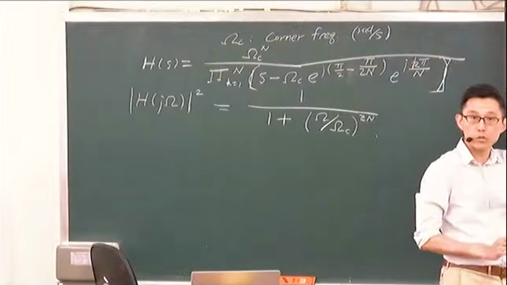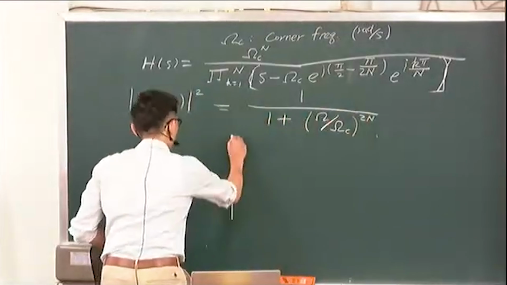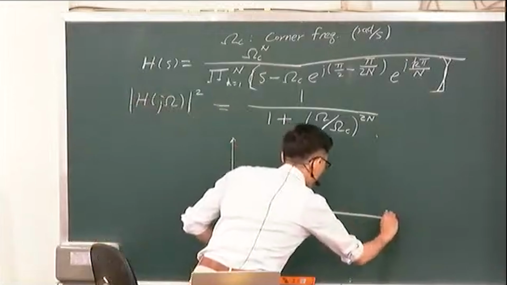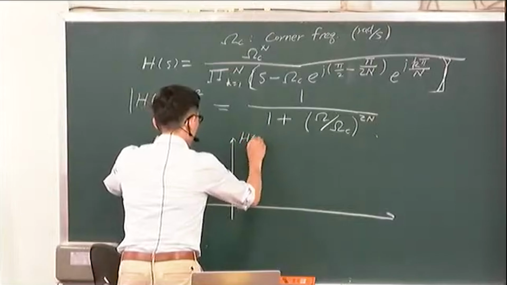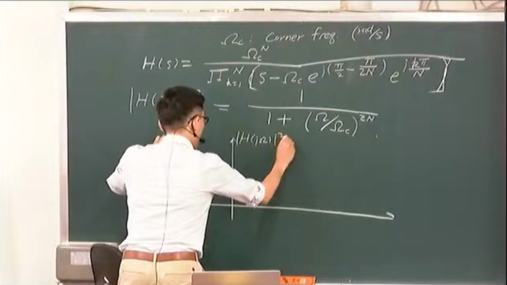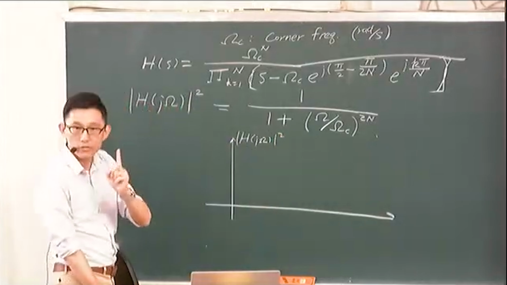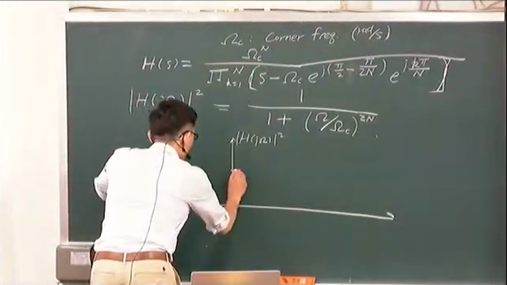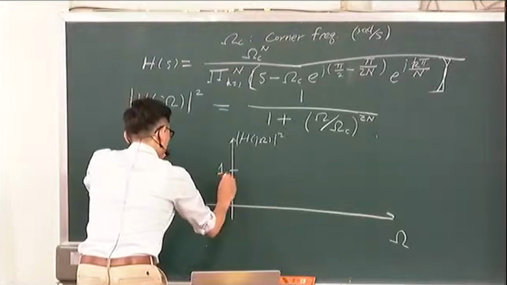So let's make a plot of the magnitude squared. When omega is 0, the response is 1. So it's pretty easy. At DC, the magnitude response is 1.